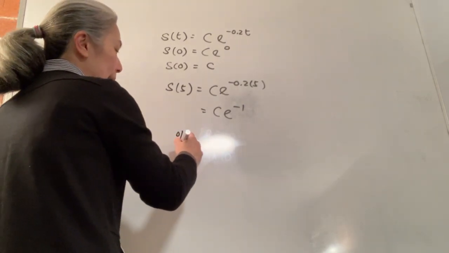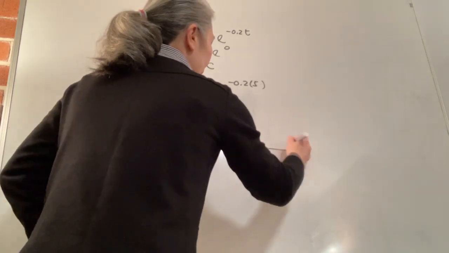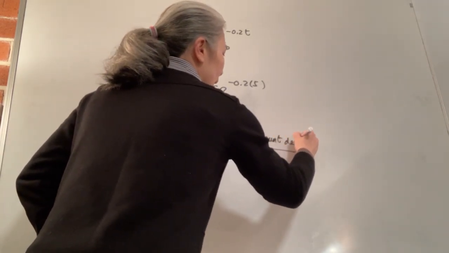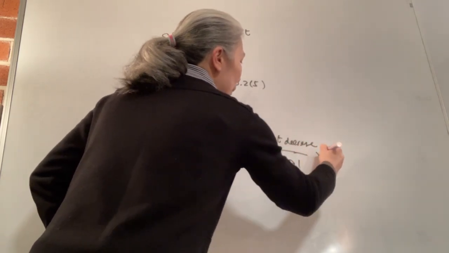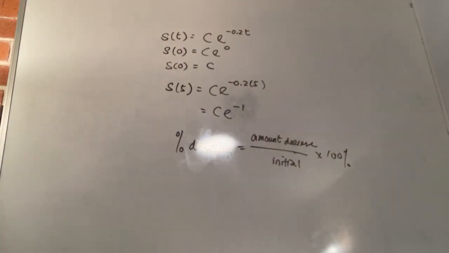Okay, to find percentage decrease, that will be the amount of decrease over the initial, times it by 100. That is your year 8, isn't it? Percentage decrease means amount of decrease over the initial.